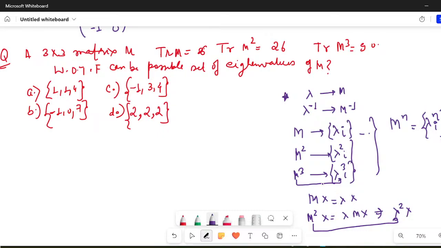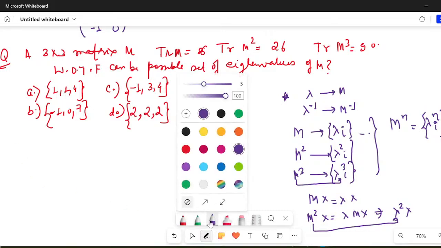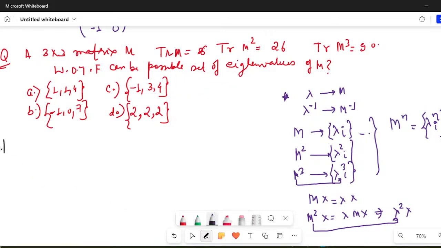That will be a fruitful approach here. If I use this approach, the trace of M raised to power n would simply be equal to the summation of lambda i raised to power n, where lambda i are the eigenvalues of M.